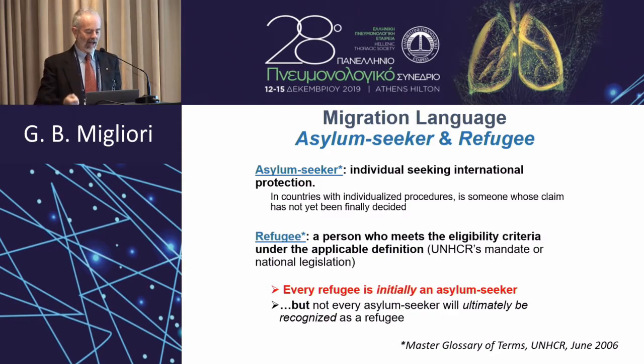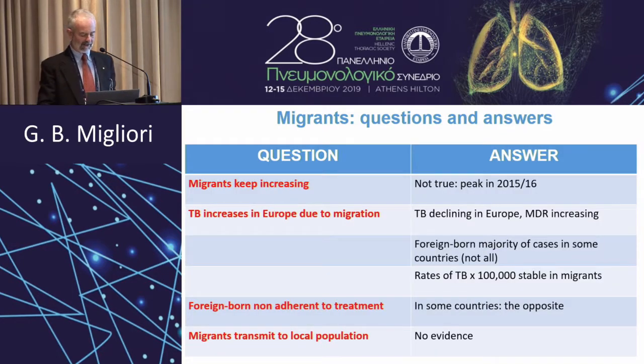So every refugee is initially an asylum seeker, but not every asylum seeker will ultimately be recognized as a refugee. This is a problem. So we have many asylum seekers, but then few of them will be recognized as refugees. And what about the others? So shall we send them back home, etc.? So this is one of the key issues we are going to discuss.